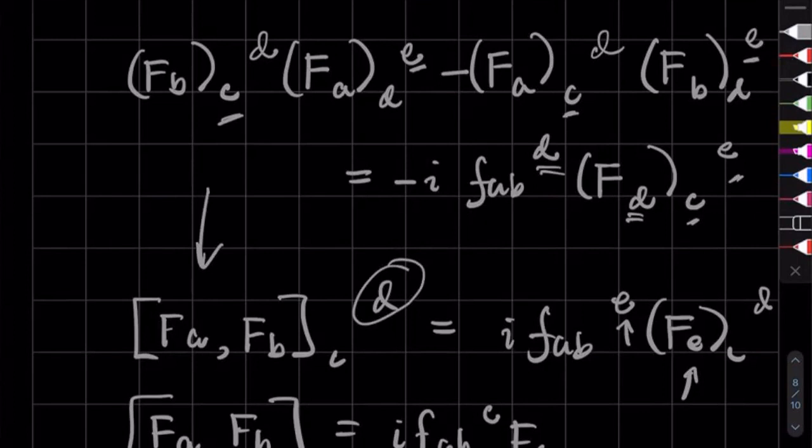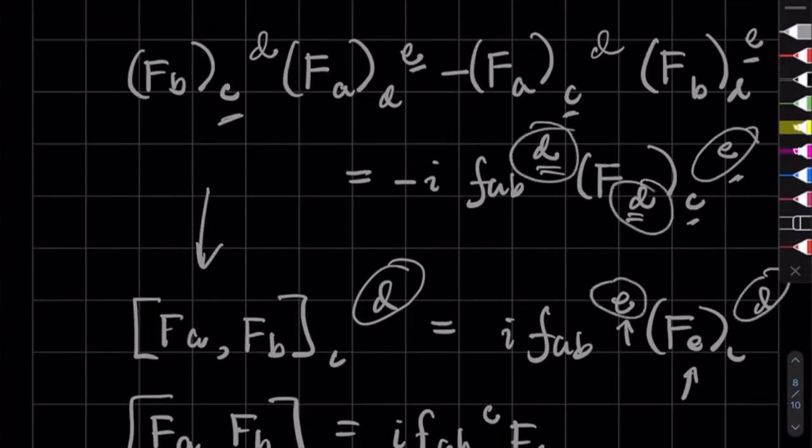Okay, I see. Yeah, so wherever I had E, I have to use D. But of course, I cannot use D twice, right? So I changed that back to E. So these are kind of the index manipulations that you do when you have done this for like 20, 30 years, and you just don't even think about it.